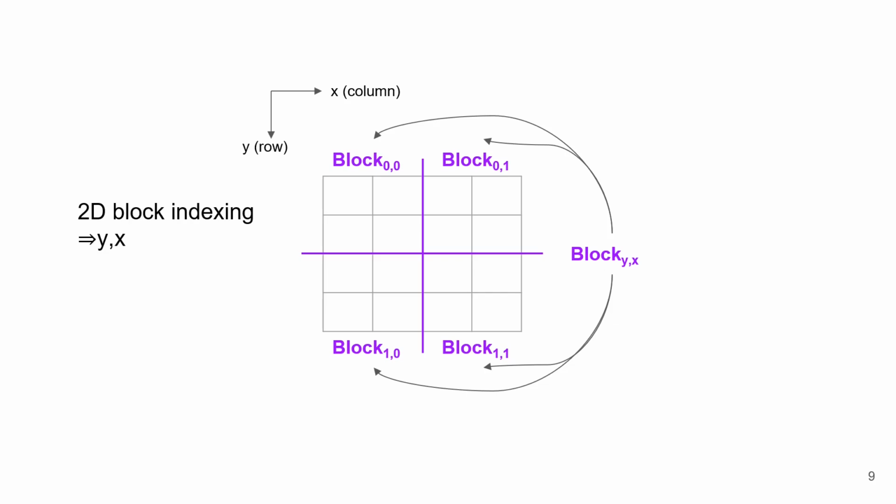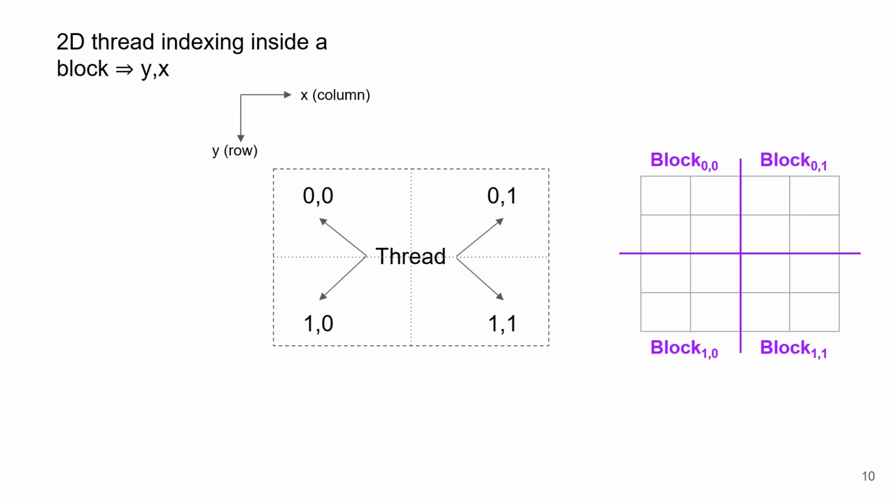So the blocks are 0,0 on the upper left, 0,1 on the upper right, 1,0 on the lower left, and 1,1 on the lower right. Now each block has its own threads order on x and y axes, with the same philosophy that I mentioned for blocks. So each block has threads 0,0, 0,1, 1,0, and 1,1.